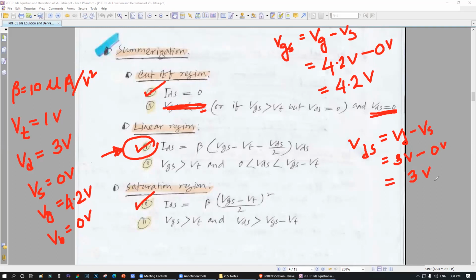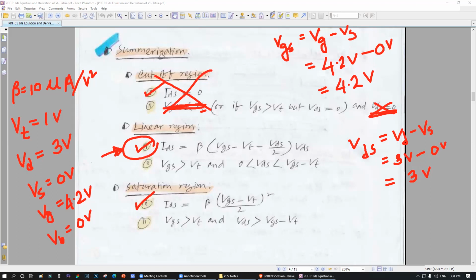Everyone? Yes, sir. Now next, this is not the case as well. So your cutoff is not going to happen, because both of the conditions are not met, right? So this is not cutoff.